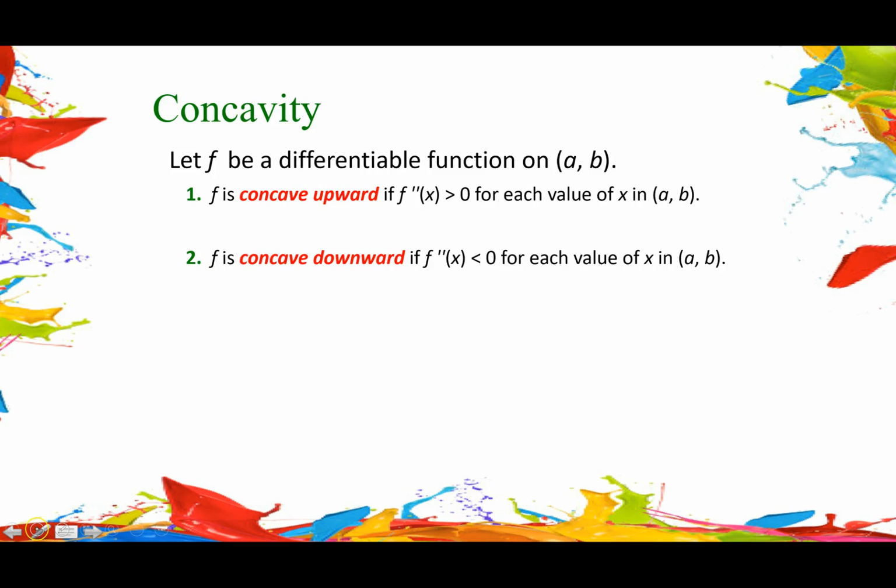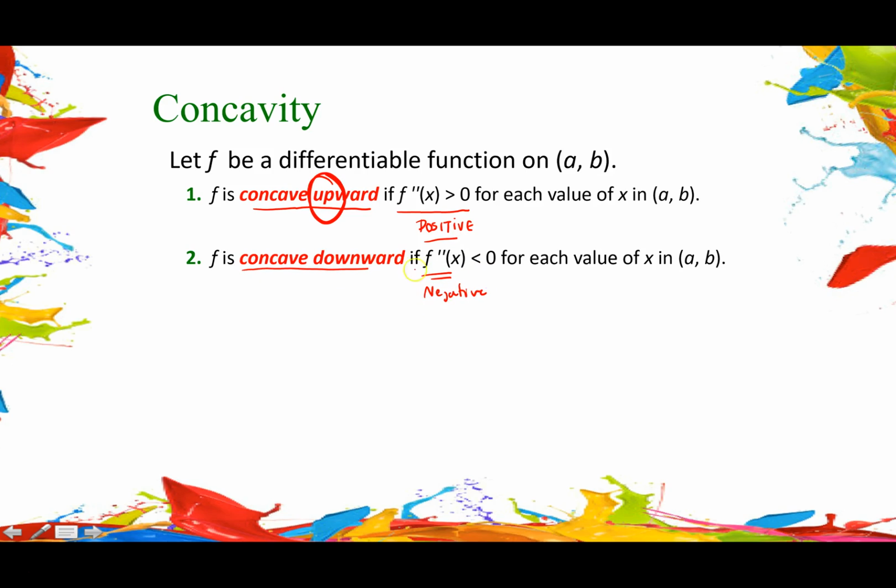If that really confuses you, don't worry too much at all. All you have to do is memorize this. Okay, f is concave up if the second derivative is positive. That is easy to remember because of the word up, and that's usually positive. We've got concave down if the second derivative is negative.